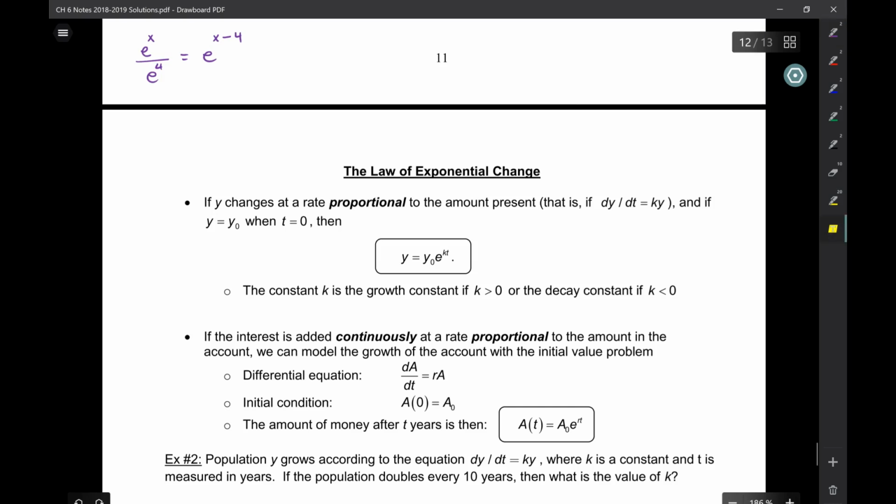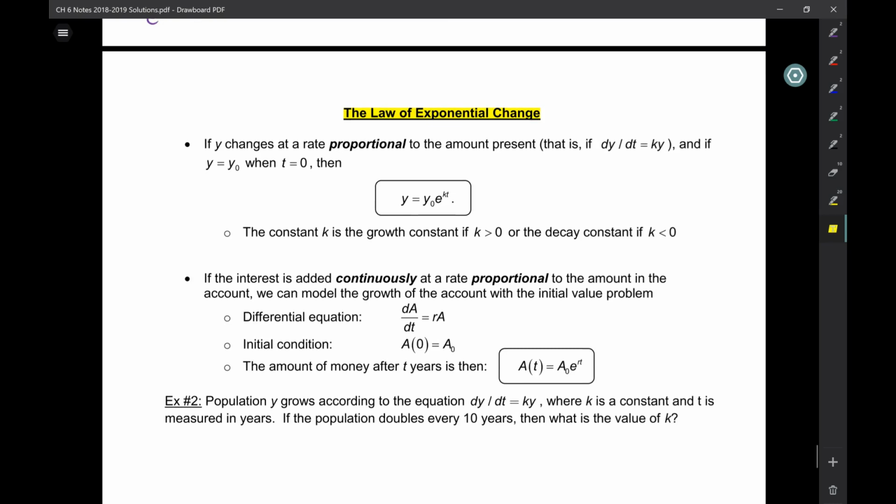So, the law of exponential change, right? If y changes at a rate proportional to the amount present, what does that mean? If something, let's say, is leaking out of a container, and you double the amount of water in the container, it doubles how fast it's leaking out.